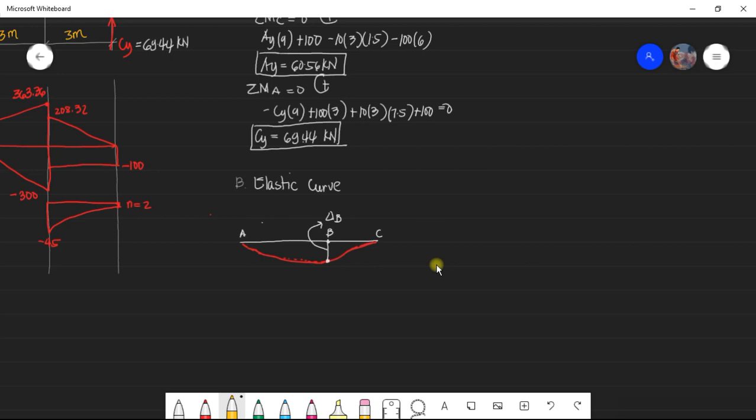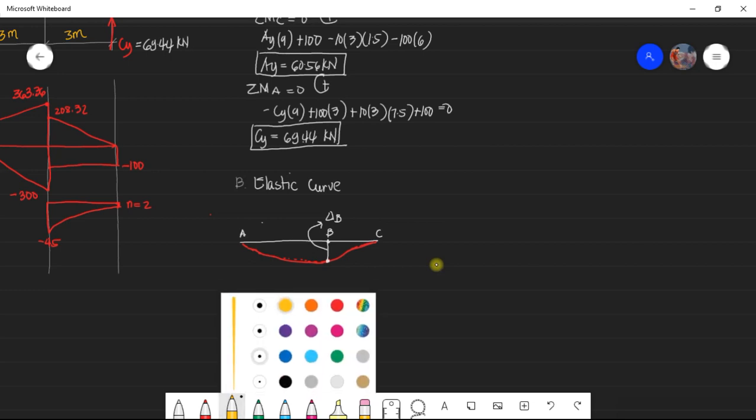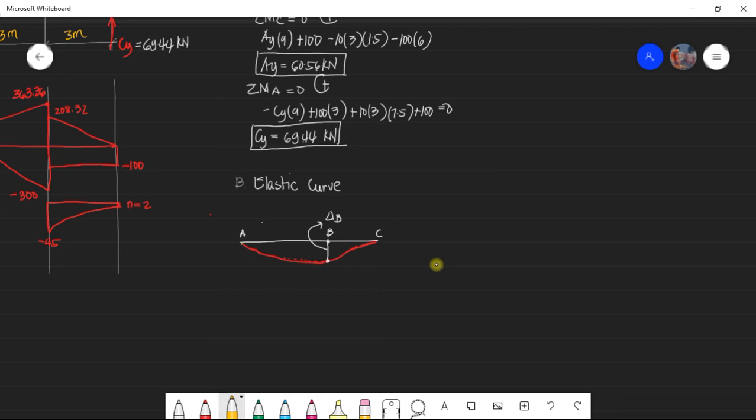So, mag-draw tayo ng tangent line sa A. And then, extend natin sa kung saan yung 0 deflection, which is sa C. Yun. Bakit kaya? Kasi when you do that, you can actually form a triangle.